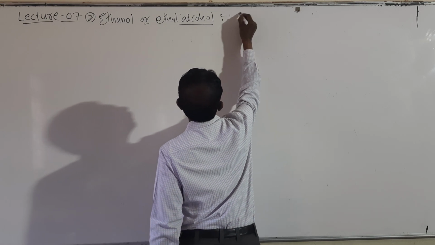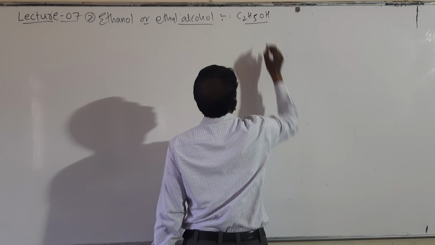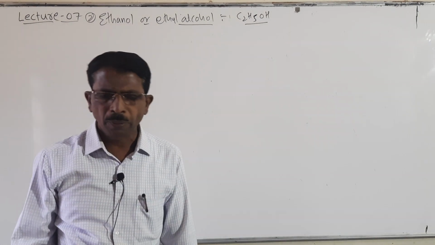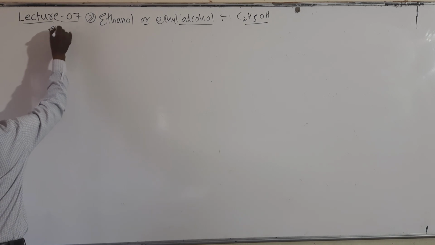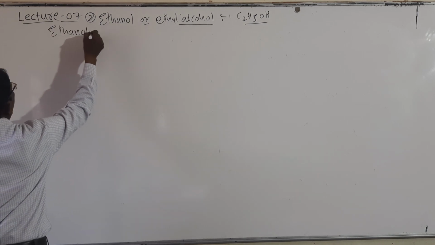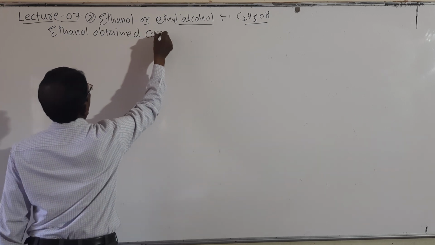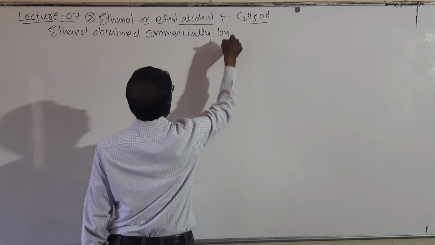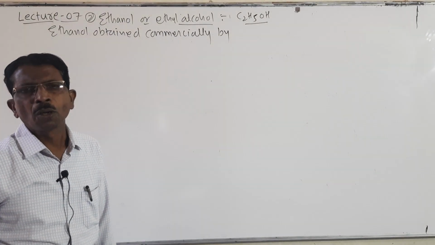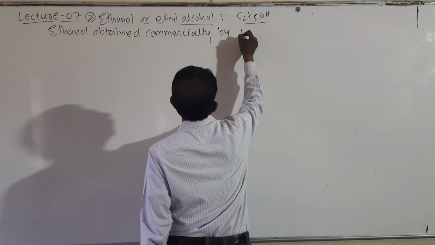Its formula is C2H5OH. Ethanol is obtained commercially by fermentation of molasses.